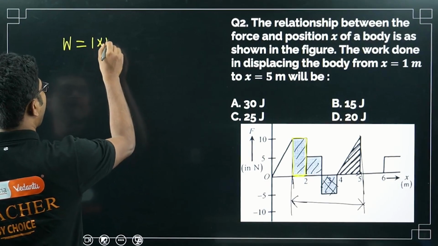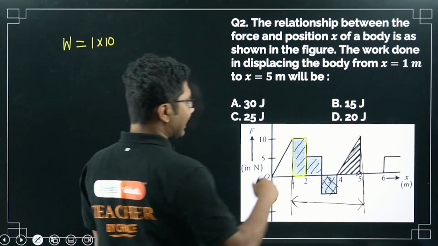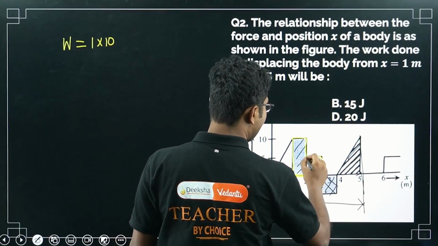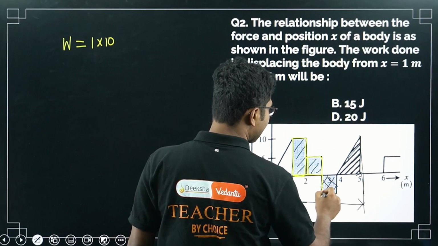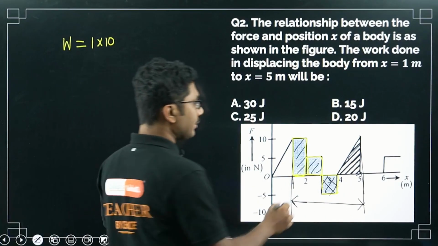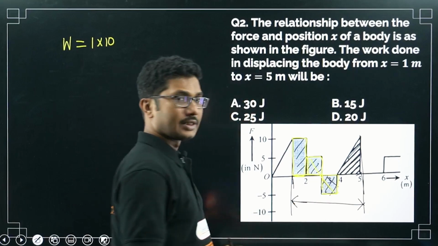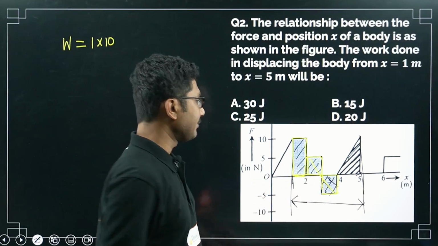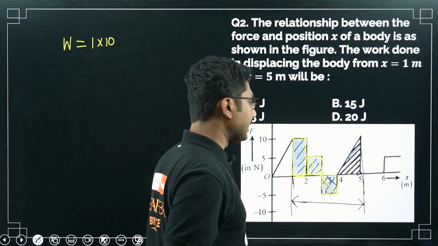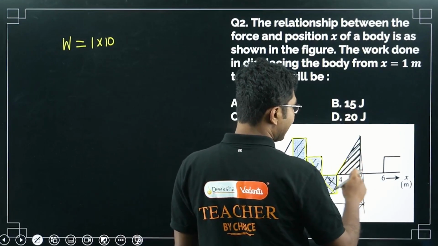Okay, the next area, if you are smart, you should see that this area is positive and this area is negative, so they will simply cancel each other. So we don't need to calculate any of these two areas. Okay, this will be positive, this will be negative. So we are completely ignoring that. We are next calculating the area of this triangle.